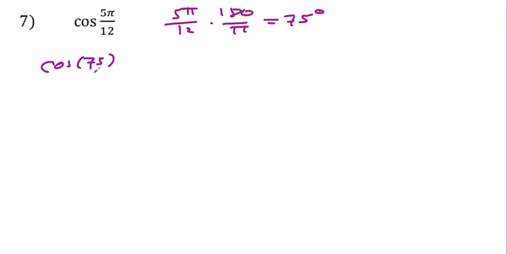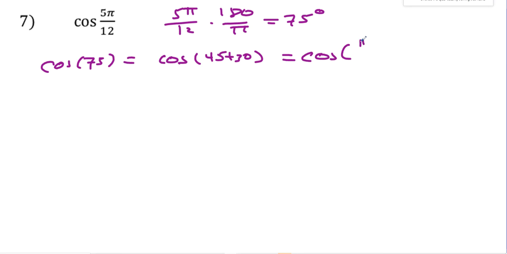And that's just basically 45 plus 30. Okay, now 45 is just the same thing as pi over 4. And 30 is going to be pi over 6. All right, something like that. Okay, so you just use your formula.